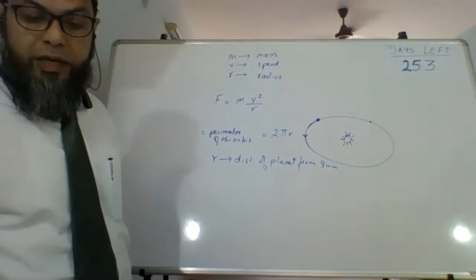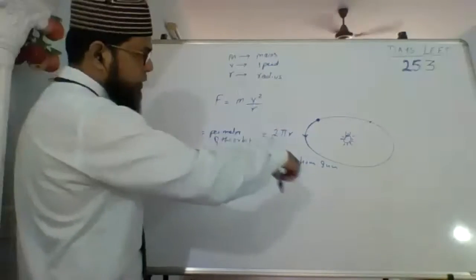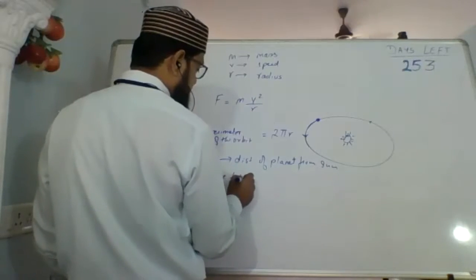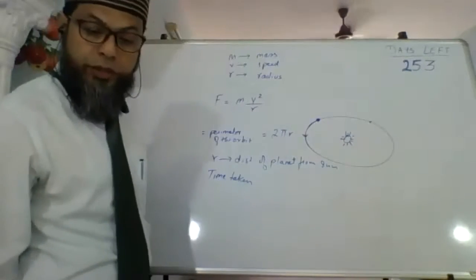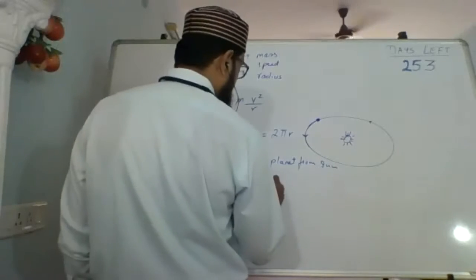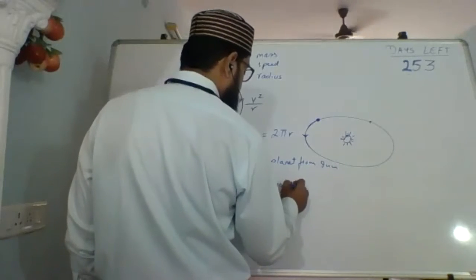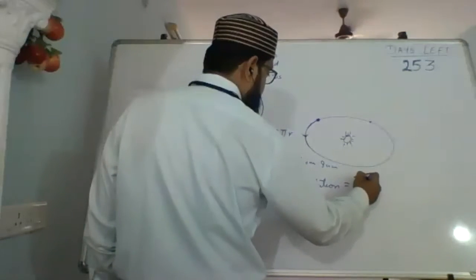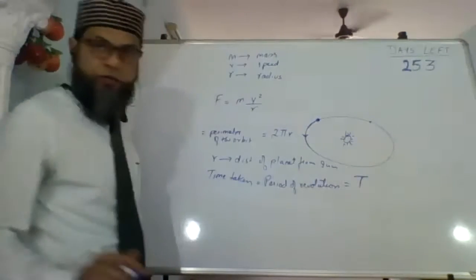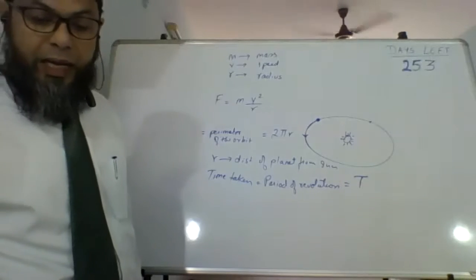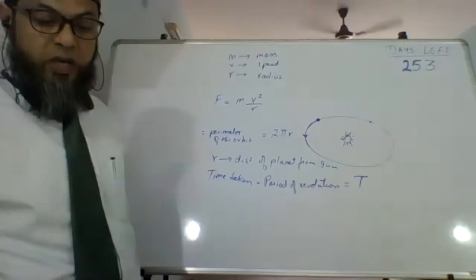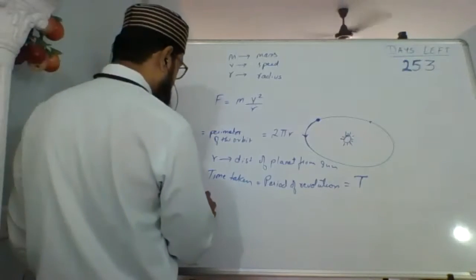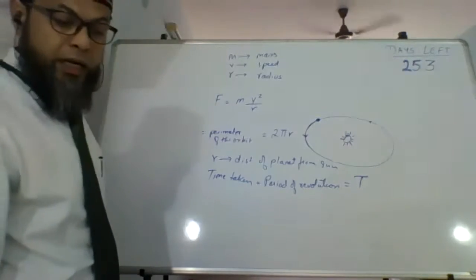The time taken to complete one revolution is also called the period of revolution. This is denoted by capital T. And we already know speed is distance upon time.